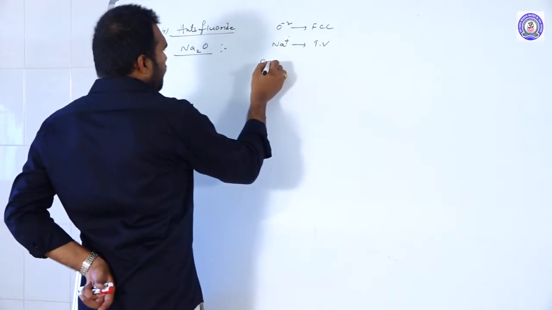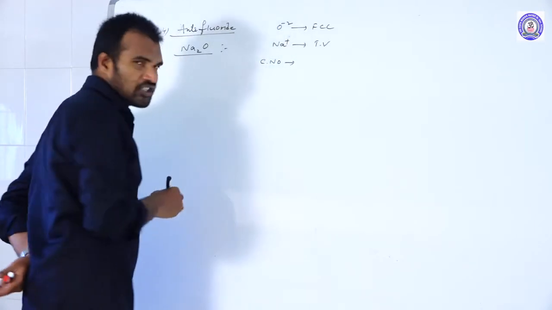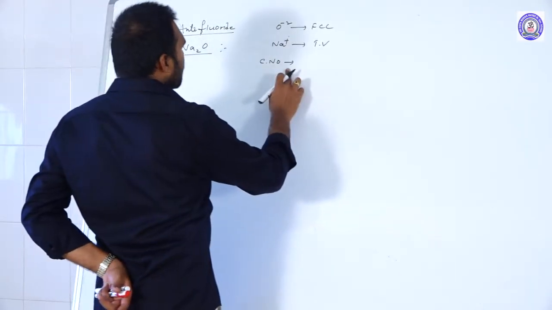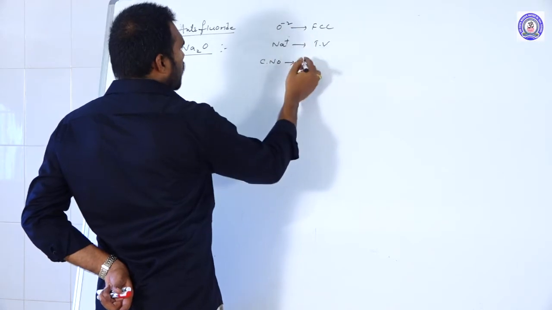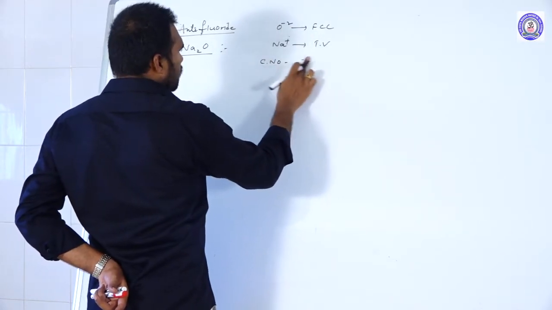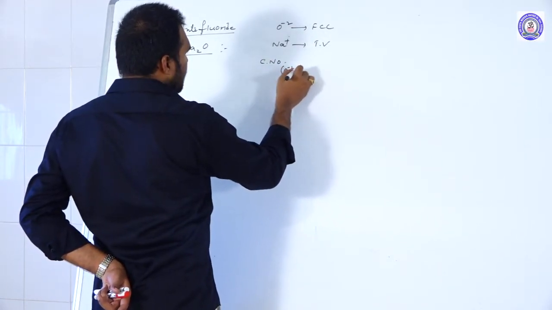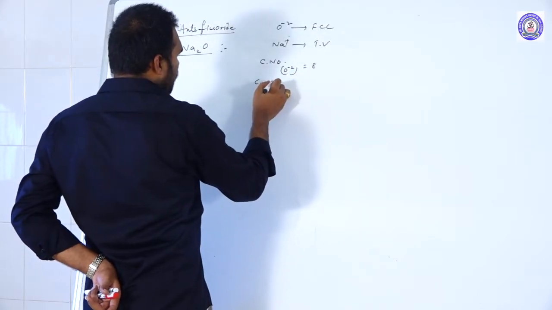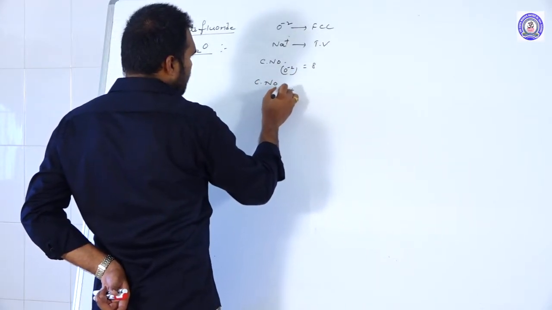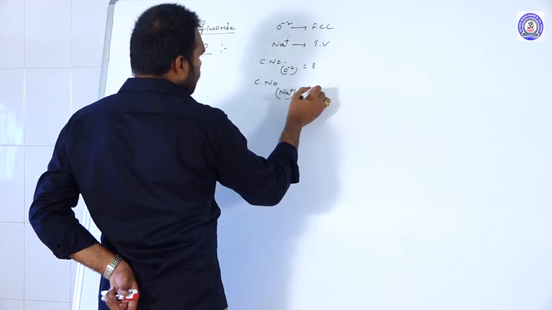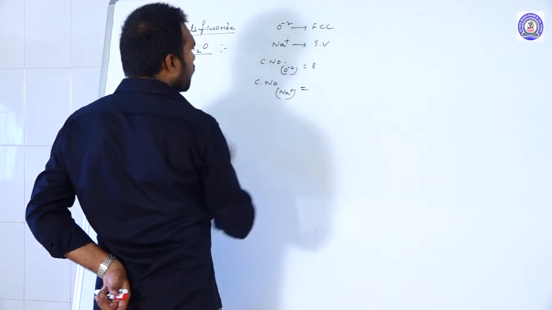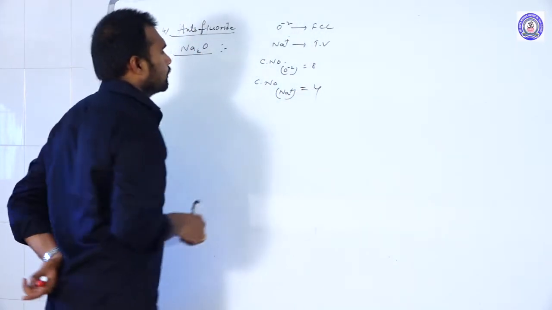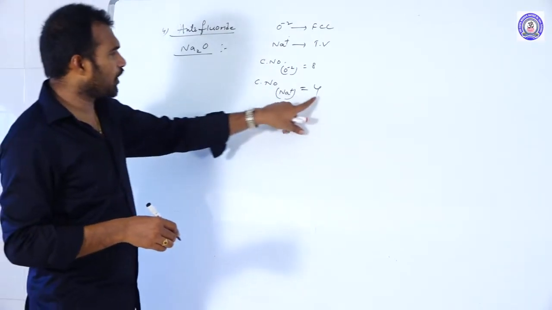Okay, and the coordination number. The coordination number of oxide is 8, and the coordination number of Na plus is 4. Why?